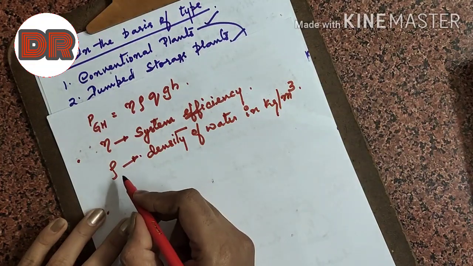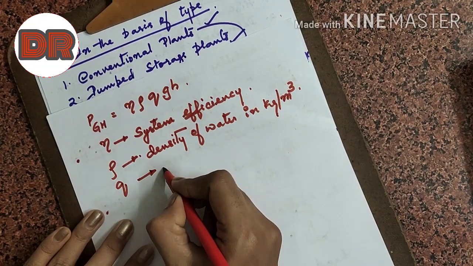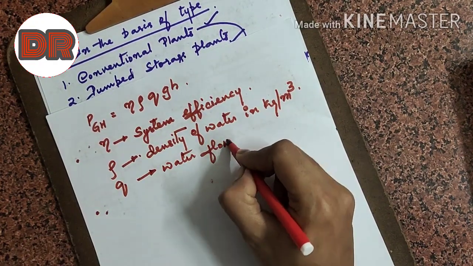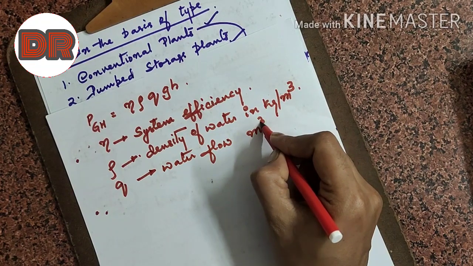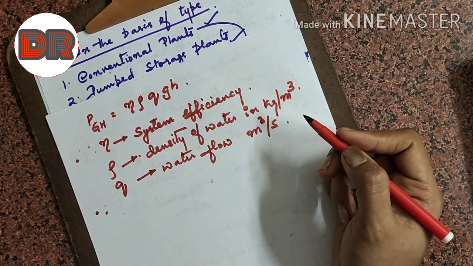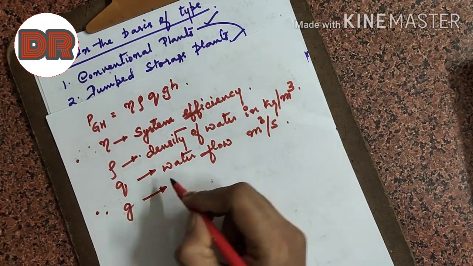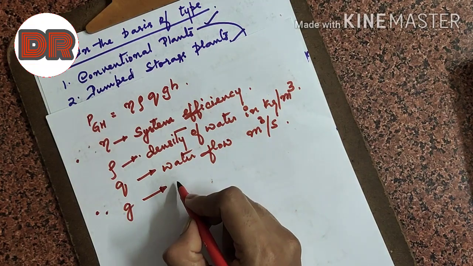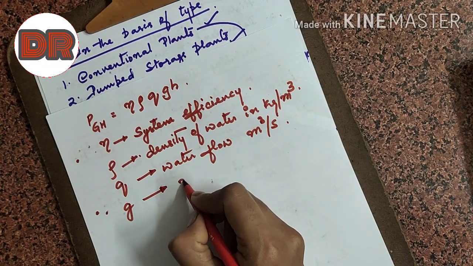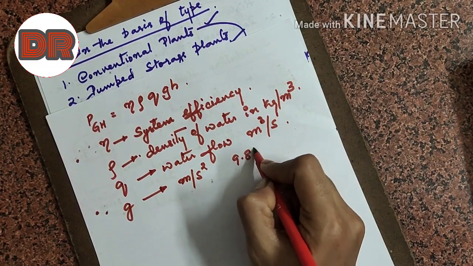Q is the water flow, and the unit is meter cube per second, and G is the acceleration due to gravity in meter per second square, with the value 9.81.